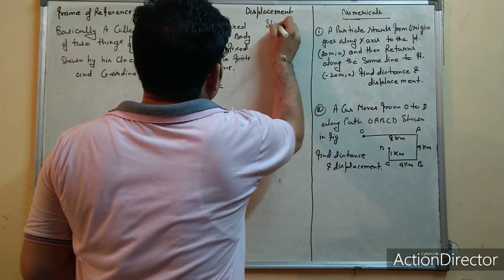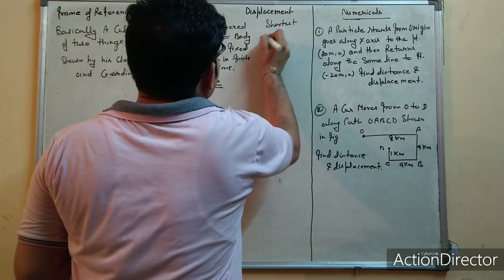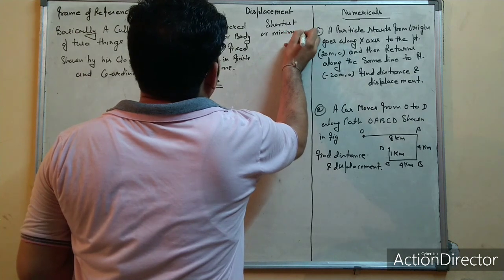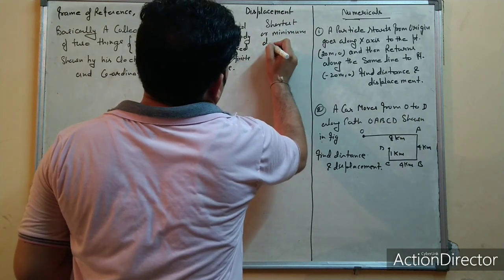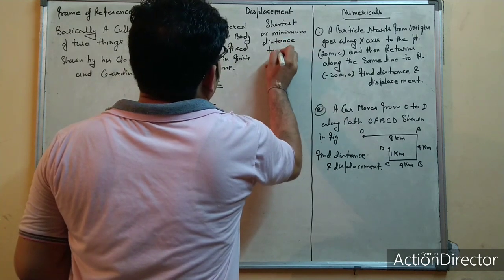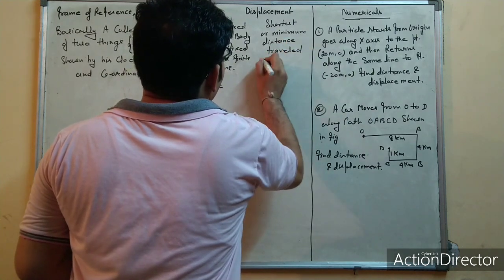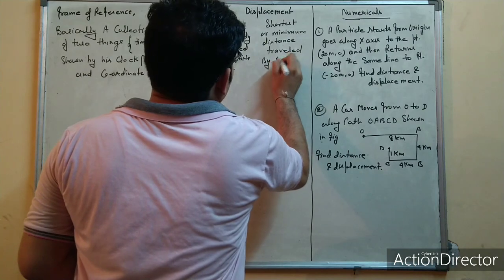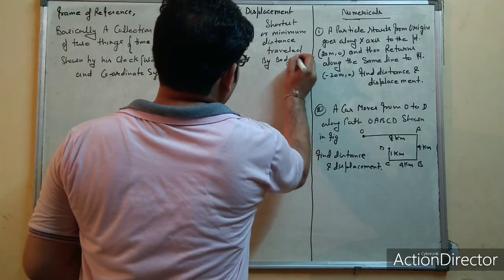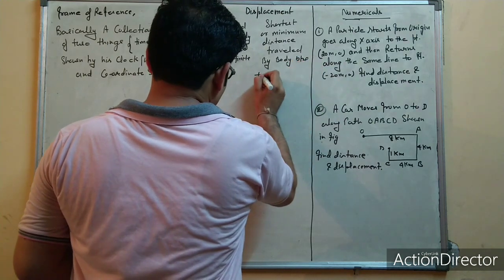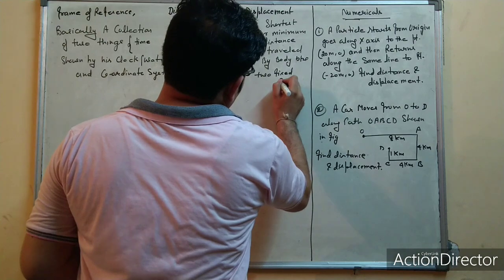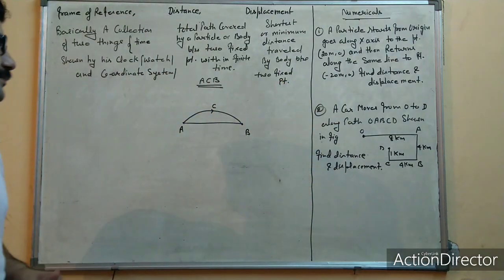Displacement is the shortest or minimum distance traveled by a body between two fixed positions, two fixed points.